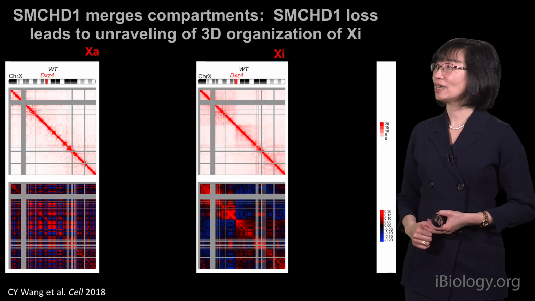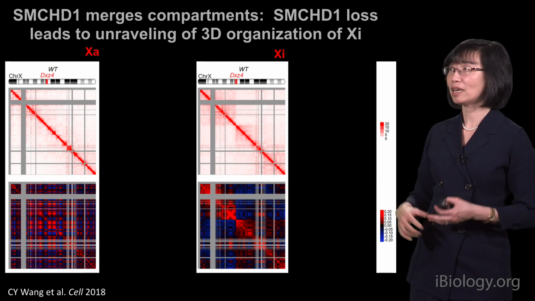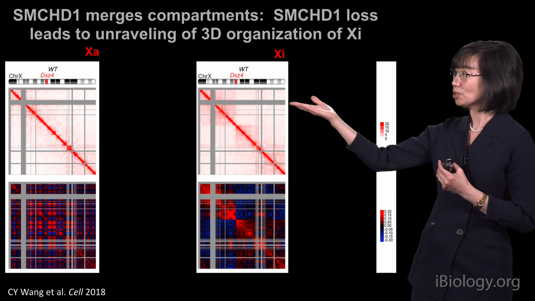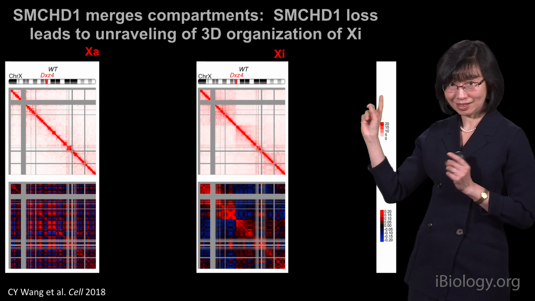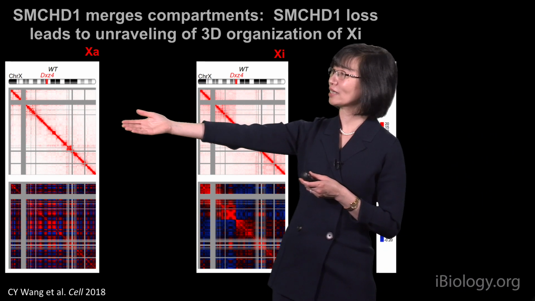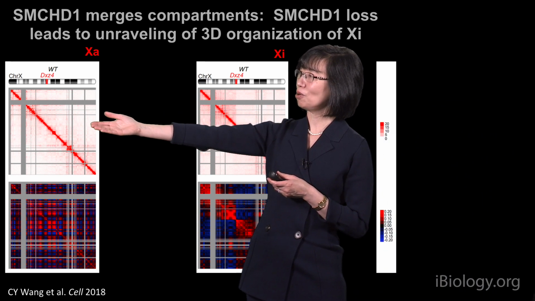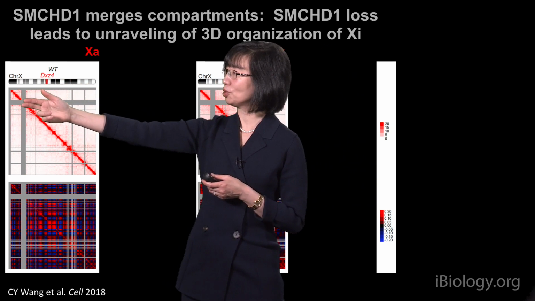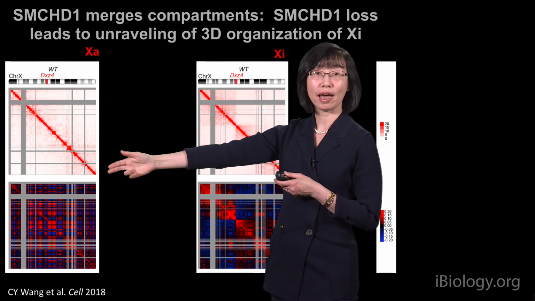Now, the other thing that SMCHD1 does is that it merges these inactive X-specific compartments. So shown here are Hi-C experiments, and what I'm showing is a contact heat map for the active X chromosome in the wild-type state, with the active X chromosome shown here along the diagonal.